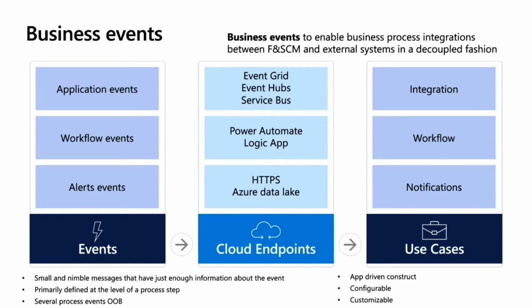A few key things about business events: they are small and nimble messages. They contain just enough information about the event which occurred in the application. So they are not huge messages with all the records. Then this is configurable, customizable business events, and we will touch base on this in our next slides.